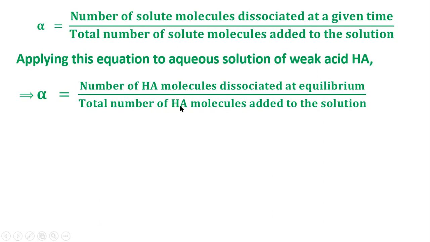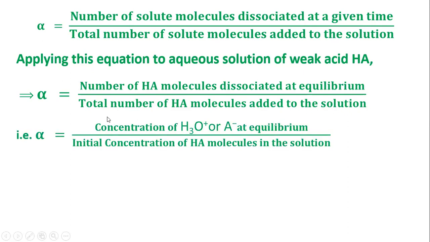Now the total number of HA molecules which are added to the solution can be indicated with the help of initial concentration of HA which was added to the solution. So this alpha we can express in terms of concentration of ions and the initial concentration of HA.